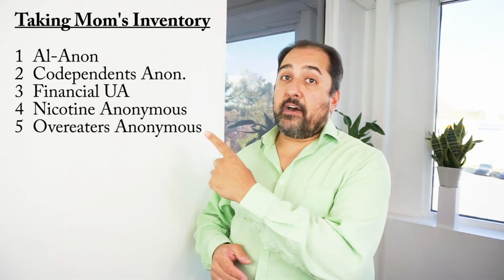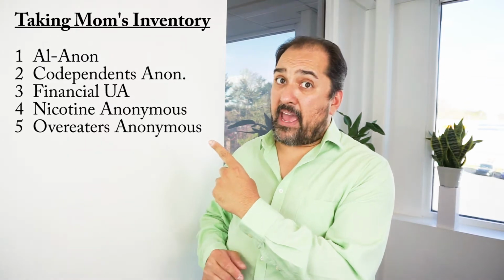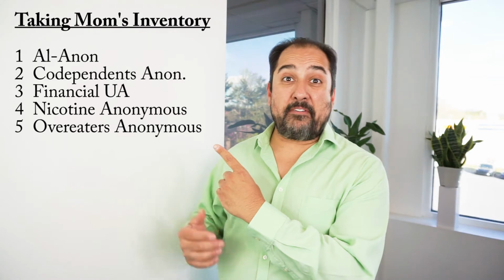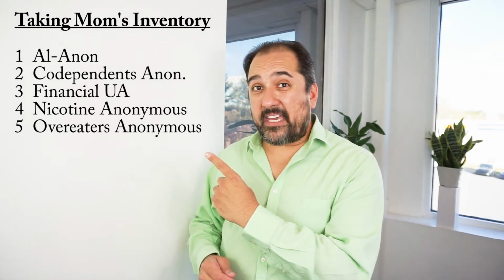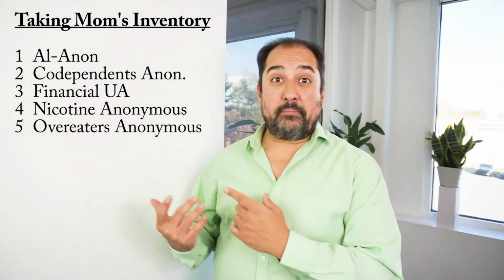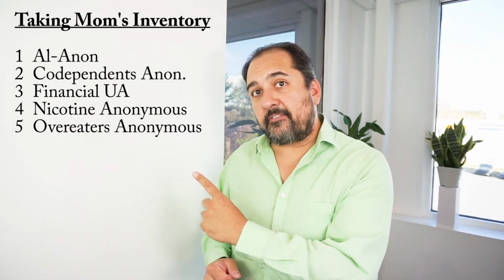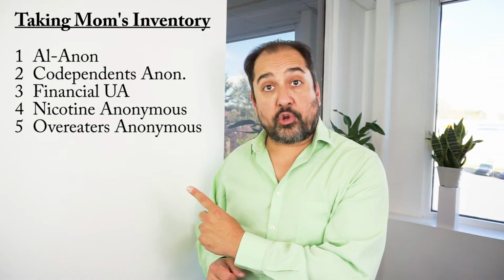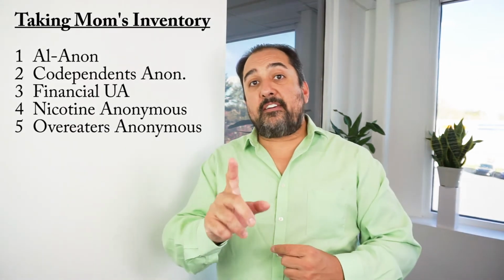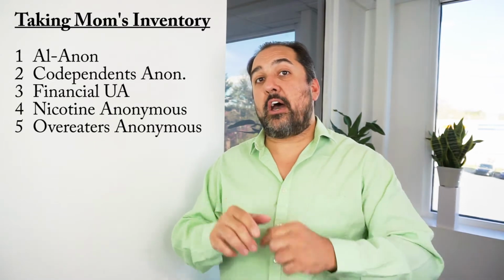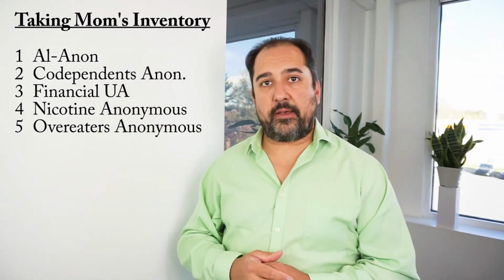So for your mom, you might say, well, mom might benefit from Al-Anon, she might benefit from Codependents Anonymous, maybe Debtors Anonymous, maybe Nicotine Anonymous, maybe Overeaters Anonymous. But you'd basically itemize all the different fellowships that you think your mother qualifies for. And if you were the sponsor, you might send her as a newcomer to all these different fellowships.